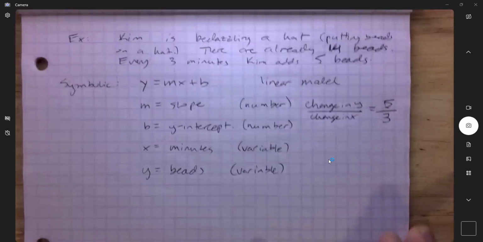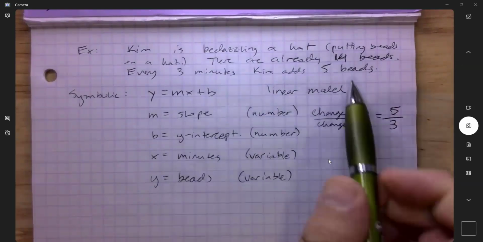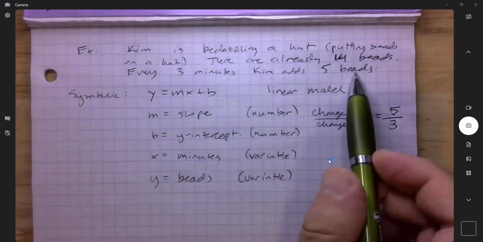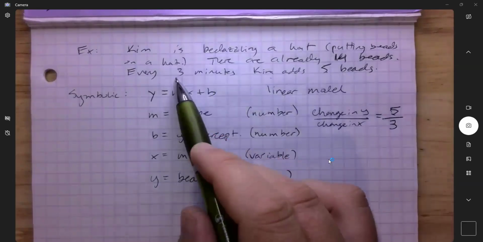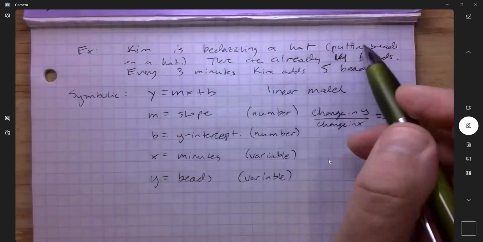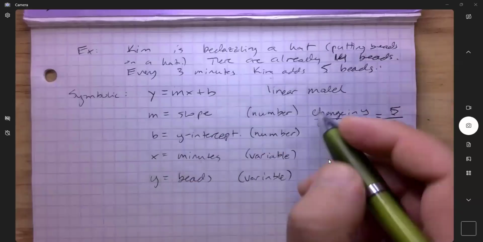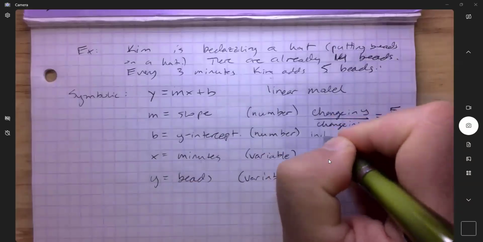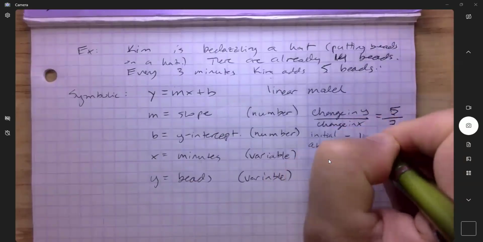The slope is the change in y, the change in the number of beads, divided by the change in x, the change in minutes. So you can pull that information directly from your sentence. And the y-intercept is your initial amount, which here is 14.